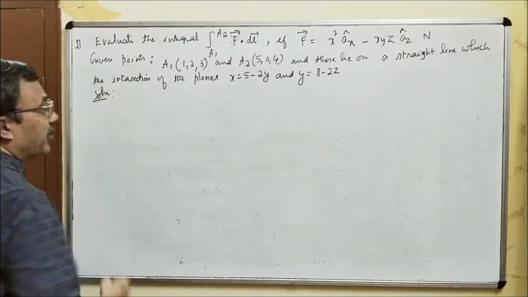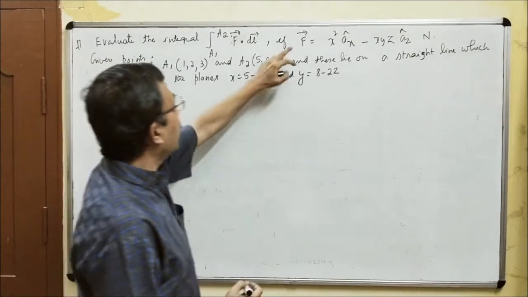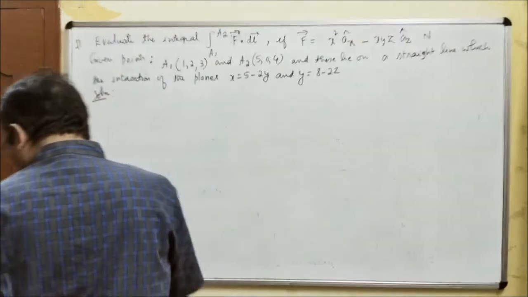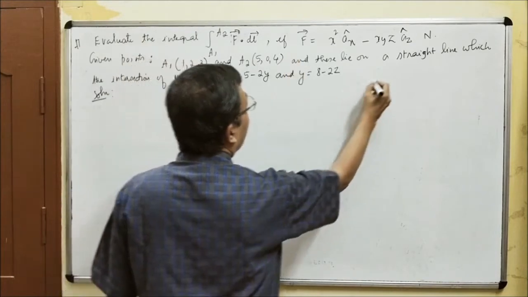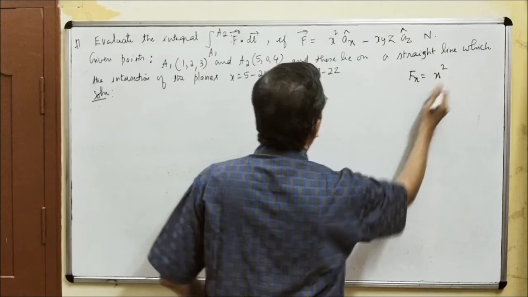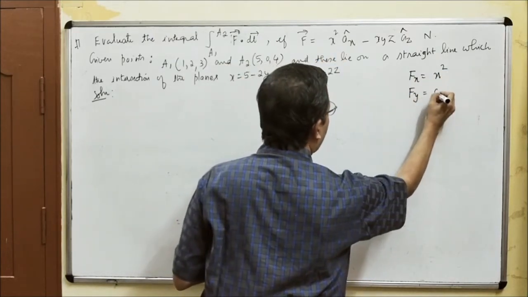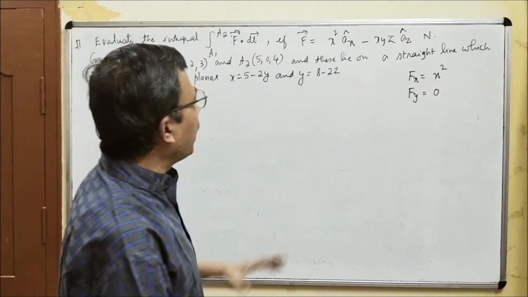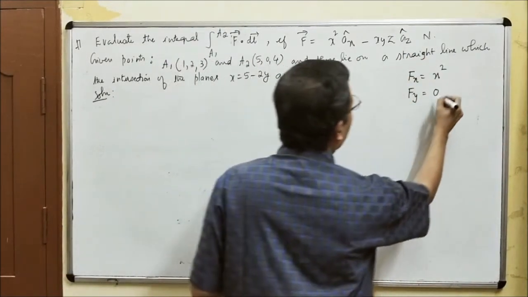Whenever a problem is given, read the problem correctly once or twice, then come to the solution. This is vector F. So now, what are the points given? This is a vector given. What is Fx? Fx is equal to x square, the coefficient of a_x cap. What is Fy? Fy is equal to 0. Why is Fy 0? Because there is no unit vector a_y cap.